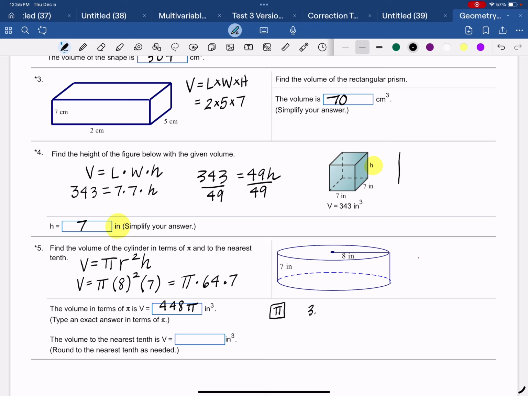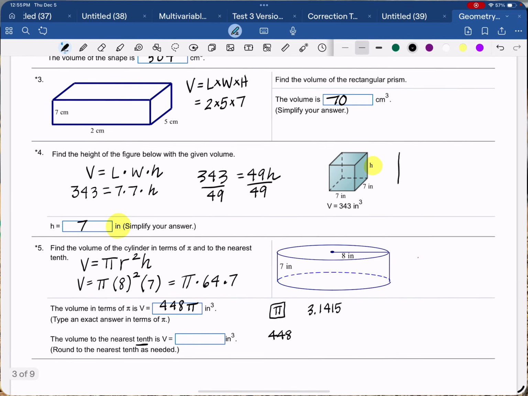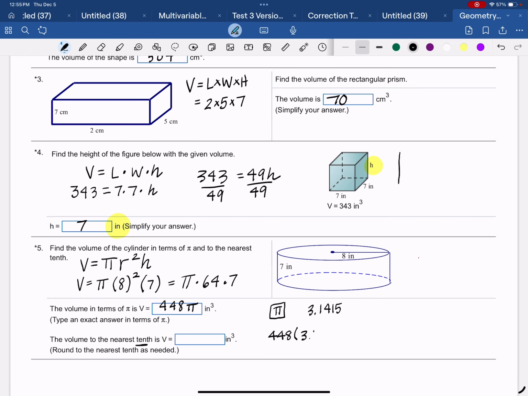The pi key on your calculator will give you a lot of places of pi, or you can remember to use 3.1415, and that'll get us accurate to the nearest tenth. So it's going to be 448 times the pi key, or times 3.1415, to the nearest tenth is 1407.4.